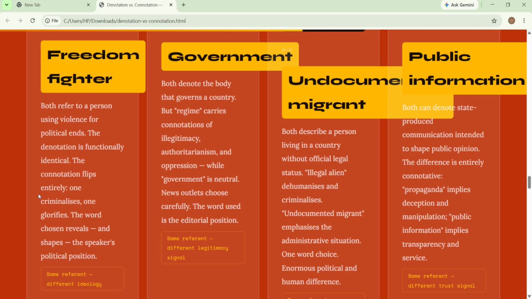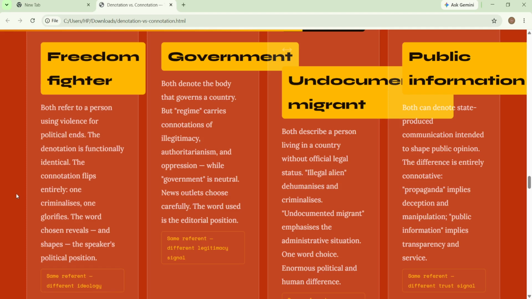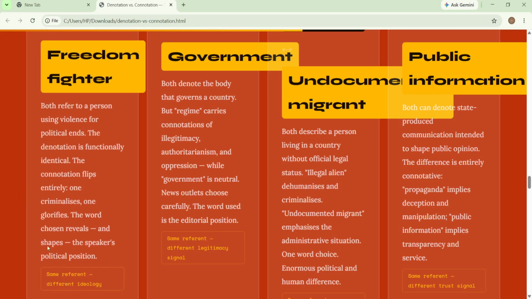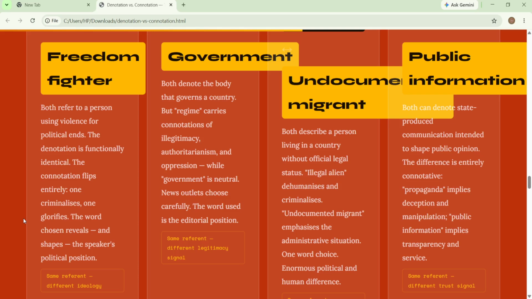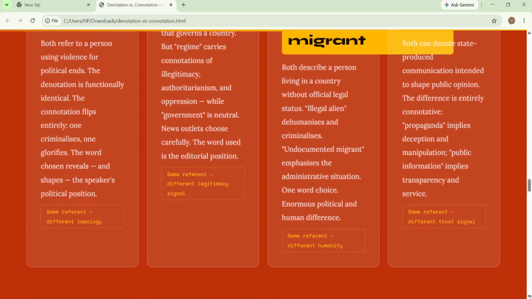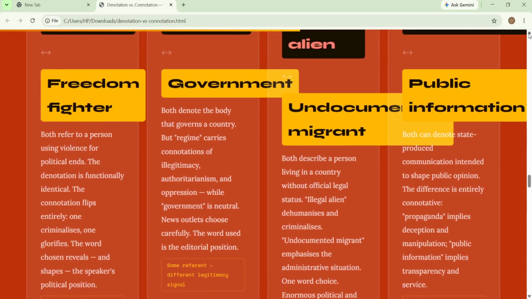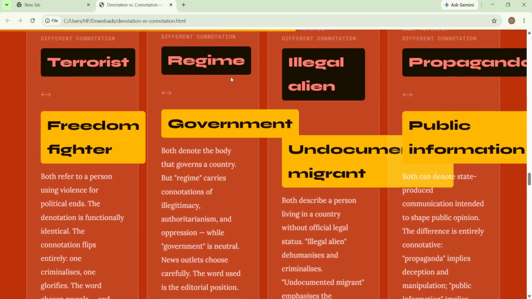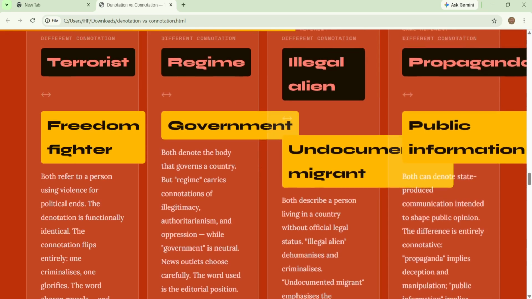So one person can be both depending upon how they're perceived by different communities. So same referent but different ideologies. That's how it works. One person can be a hero for one country and a villain for another. So that's how easy it is.